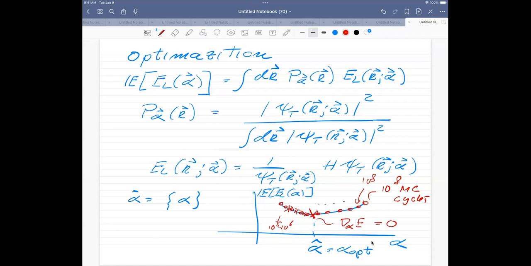In the examples which I showed you, I calculated these points here with 10 to the 6th to 10 to the 7th Monte Carlo cycles, and that takes a lot of time. Then at the end, I get a curve, and then you interpolate and find the optimal parameters. This is a very inefficient strategy.